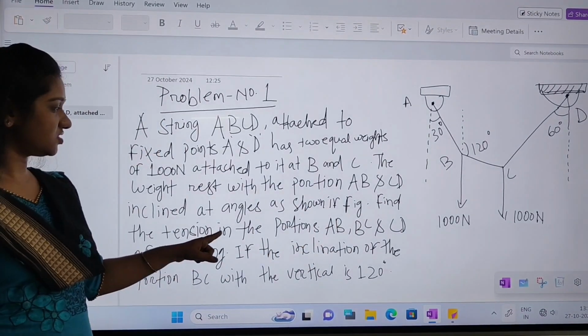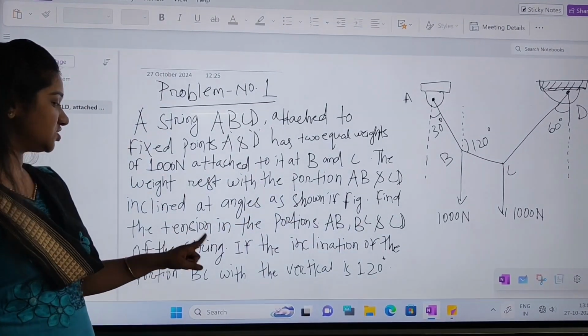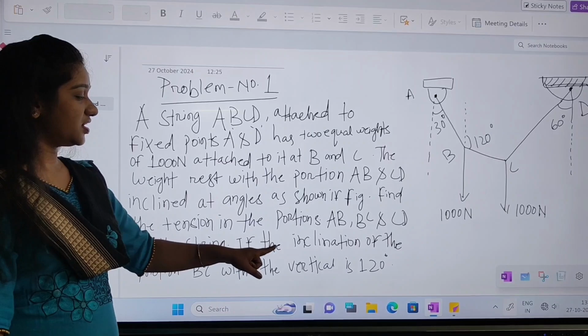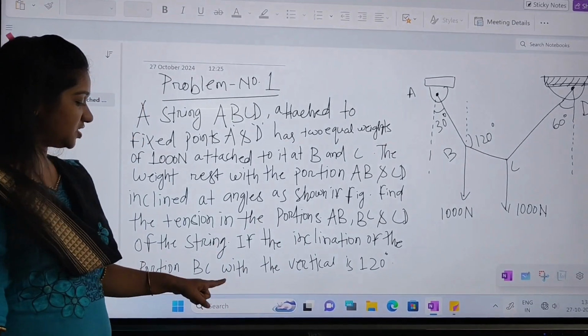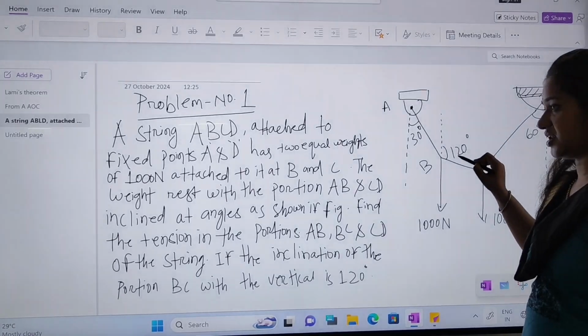Find the tension in the portions AB, BC, CD of the string, if the inclination of the portion BC with vertical is 120 degrees.